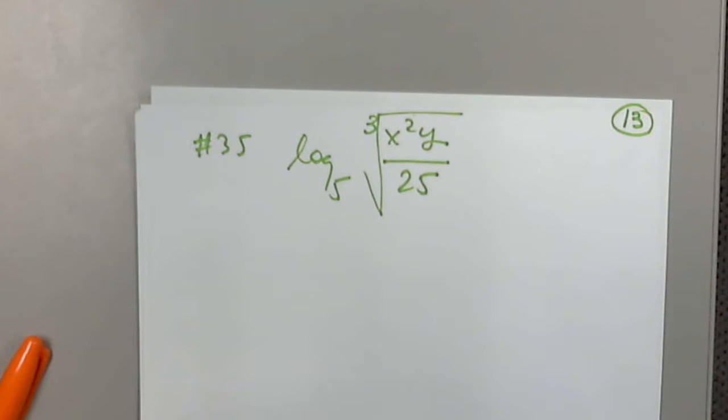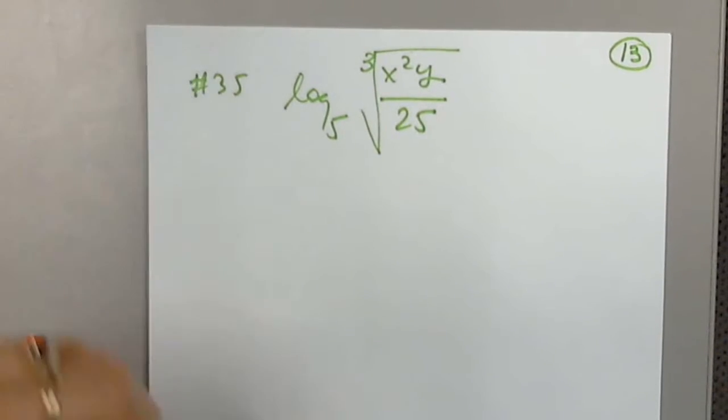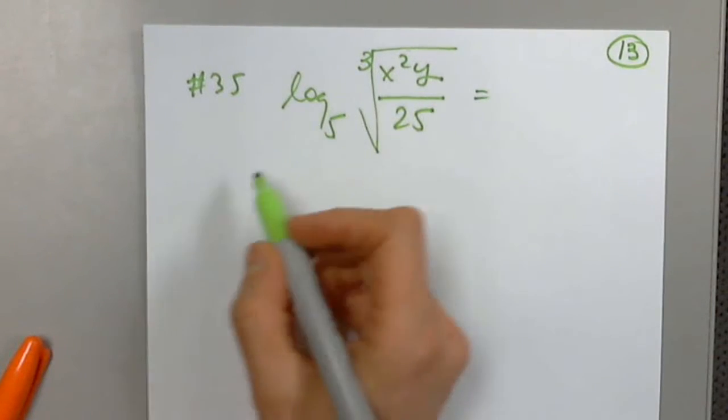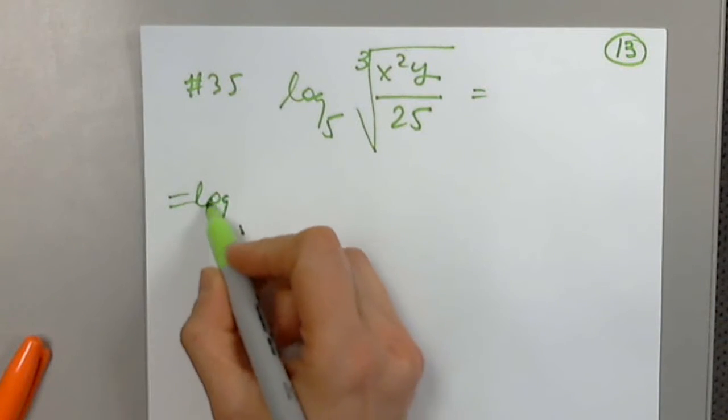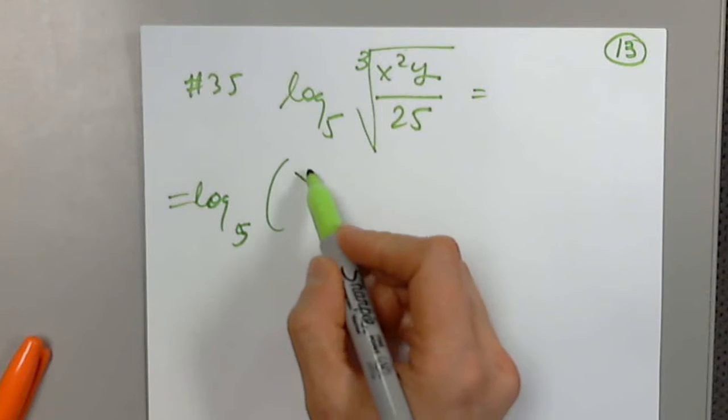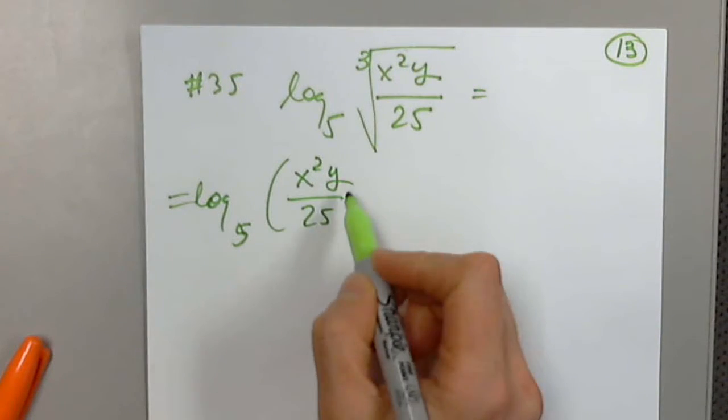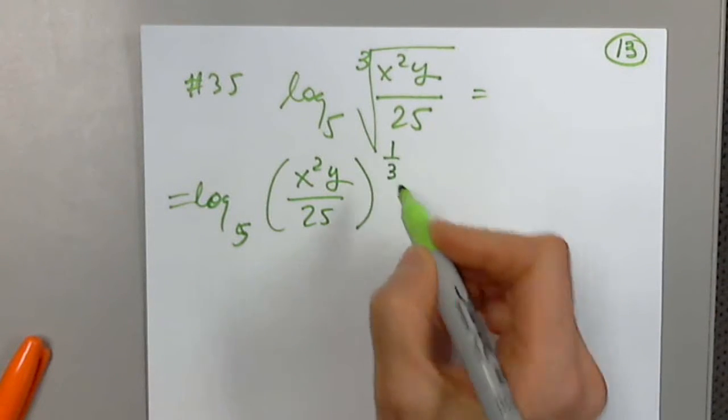If it's a radical, it cannot be power 3. And then what is x cubed? See my point, Tom? Good. So what power is? 1/3. Exactly. Is that okay? Clear? Okay. So this is log base 5 of x squared y over 25 raised to 1/3.